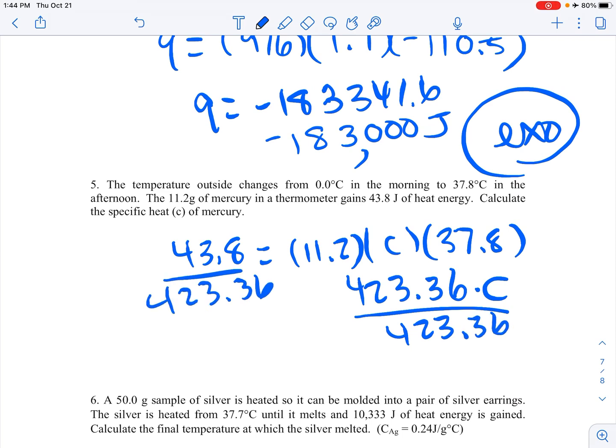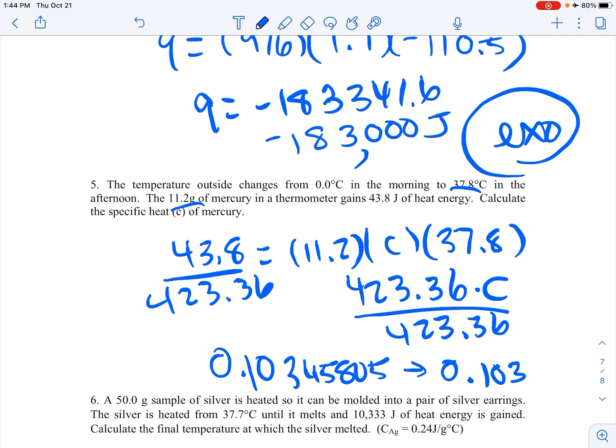So 43.8 divided by 423.36 is 0.10345805. Don't worry about that. So 3 sig figs, 3 sig figs. Let's go with 3 sig figs. 0.103 joules per gram degree Celsius.